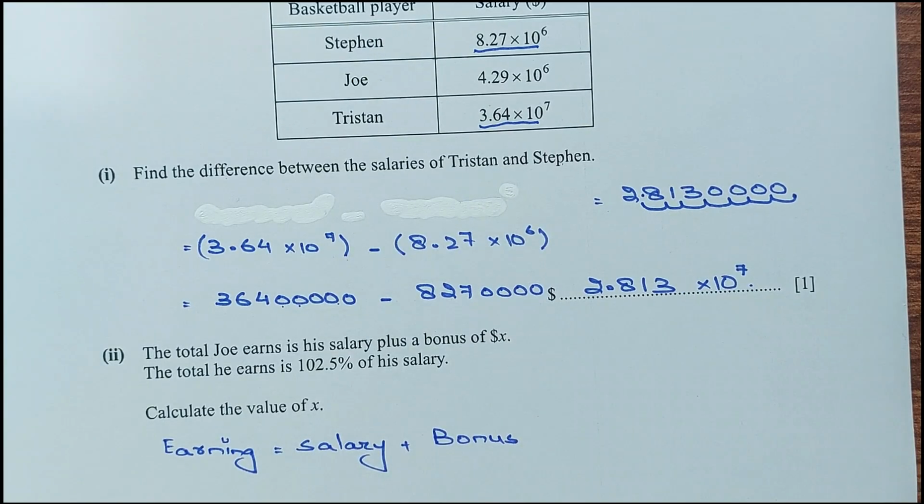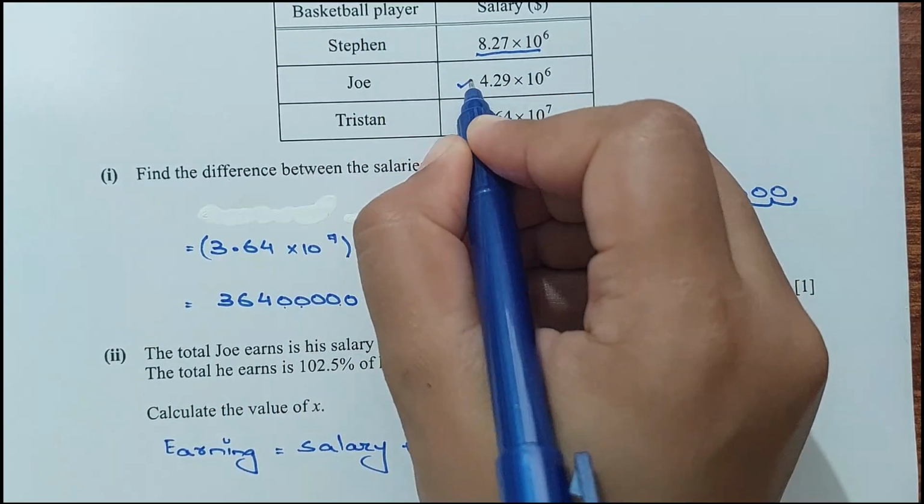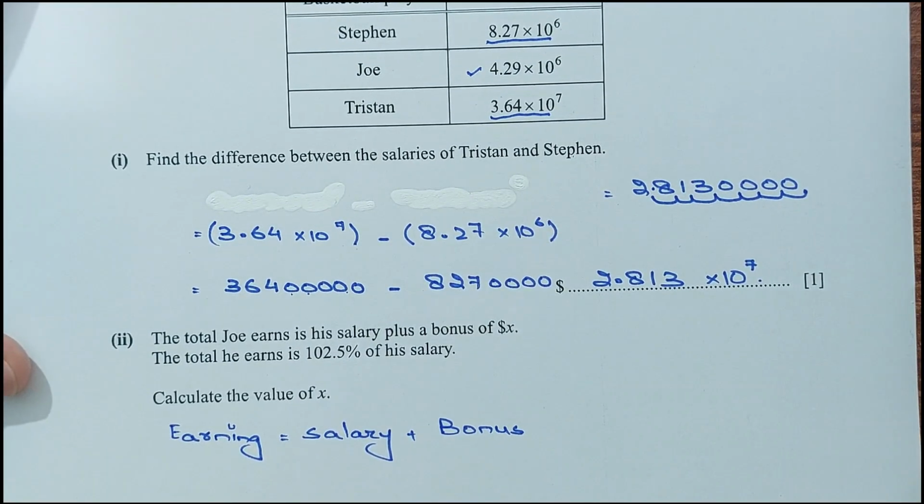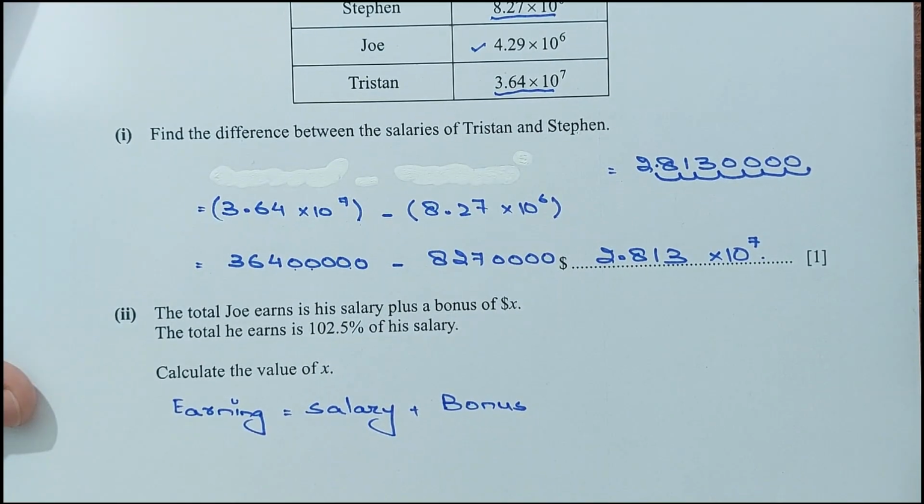All right, so we know the salary of Joe. The total he earned is 102.5% of his salary.